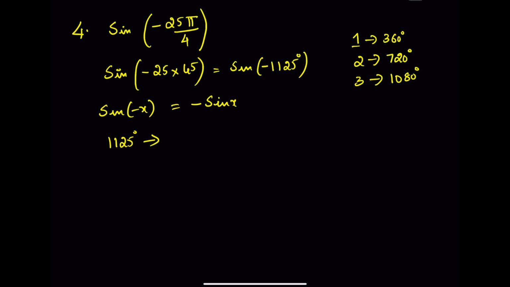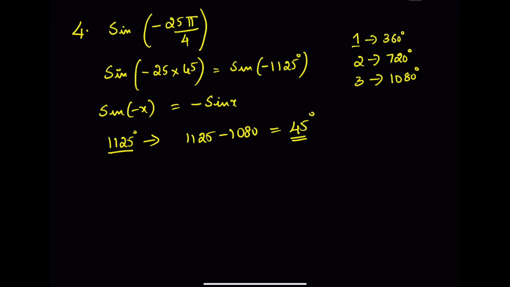If you multiply 360 by 3, it would be 1080. So we can completely subtract 1080 from 1125 just to find out where the final point is. So 1125 minus 1080 is 45 degrees. Correct?